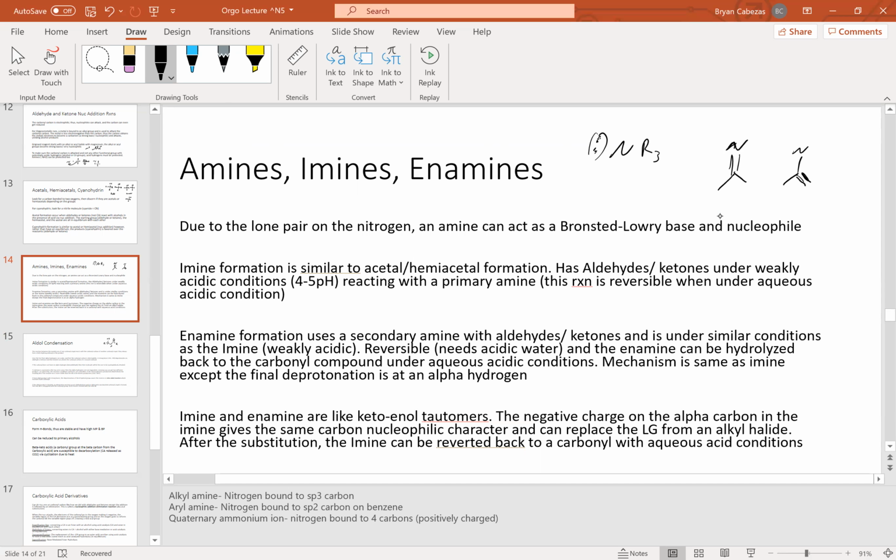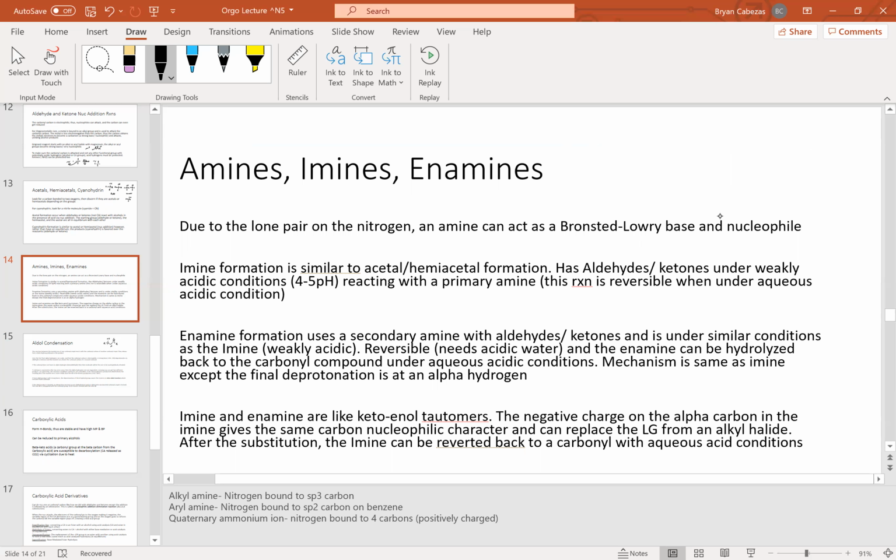Remember, a Bronsted-Lowry base takes up hydrogens. Or it can act as a nucleophile, something with lone pairs that can attack an electrophile. Let's go over the reactions of amines, imines, and enamines. We're not going to go into the formation of an amine; we just start with amines. Really, it's just about the imines and the enamines.